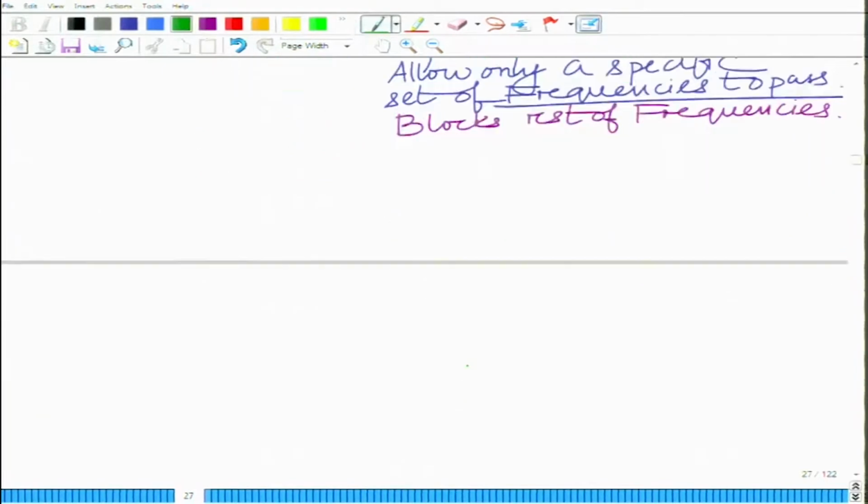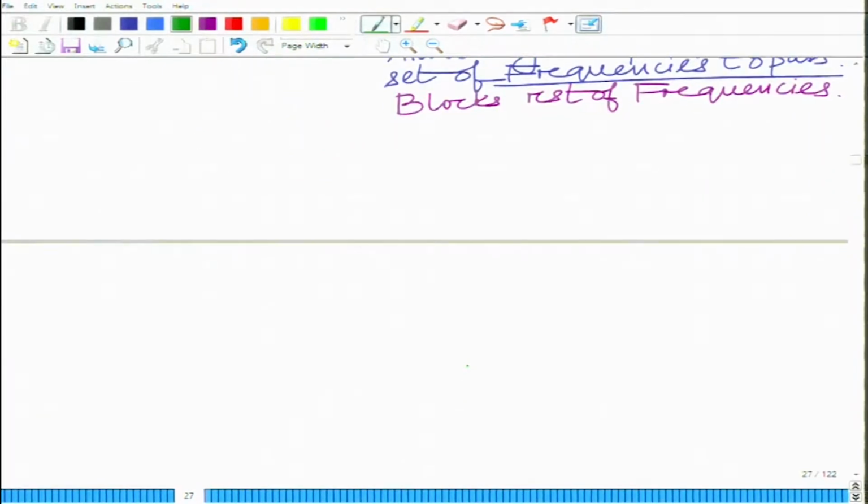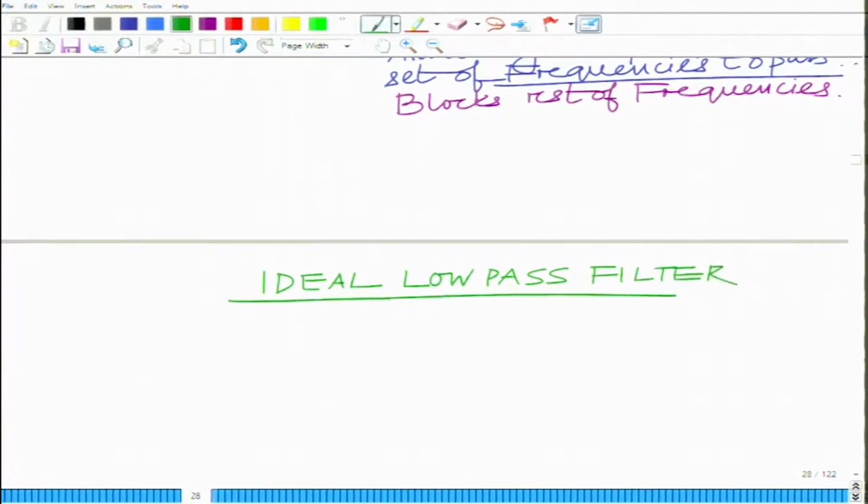For instance, we have an ideal low pass filter. As the name implies, an ideal low pass filter allows only the lower frequencies to pass through.